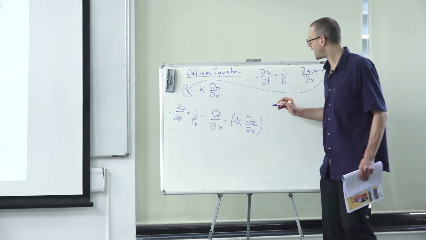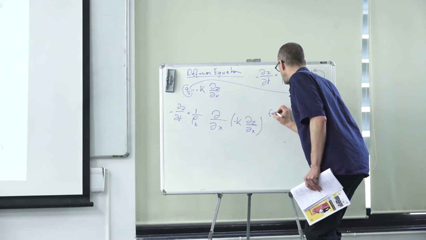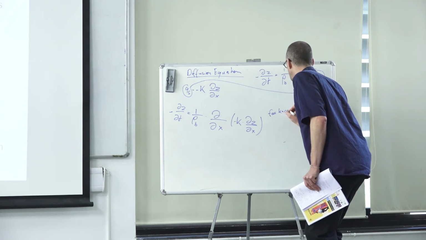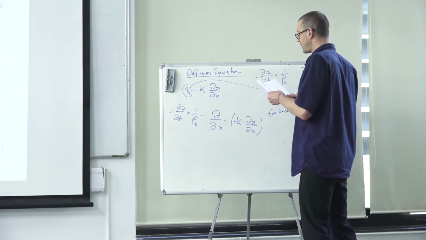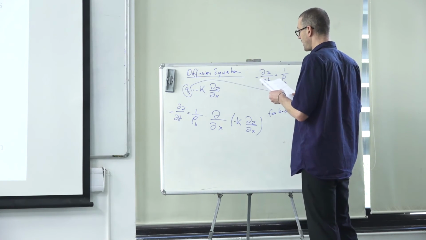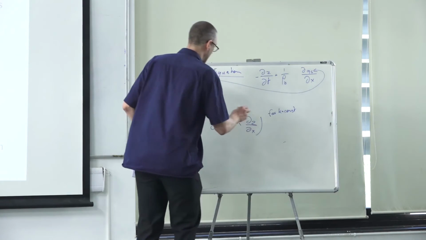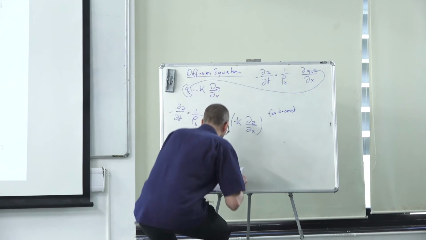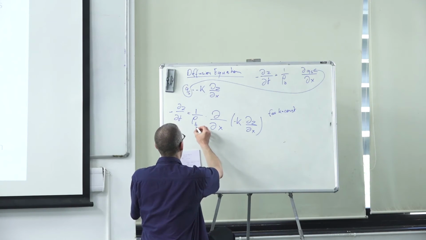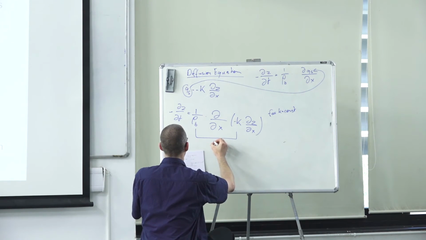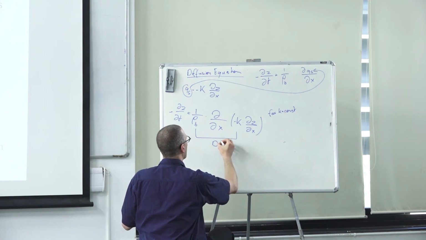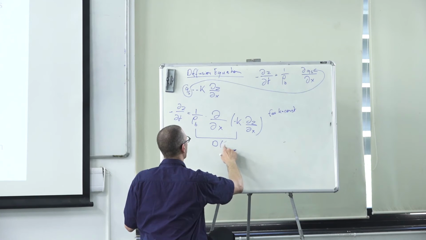So for K equals constant, what we then do is we combine this term and this term into something that we call D, or sometimes it's also called kappa, the Greek letter kappa.